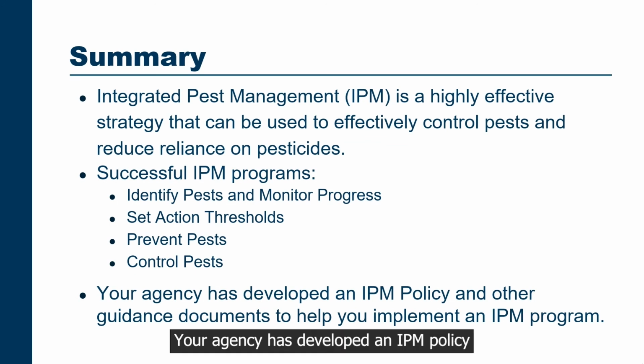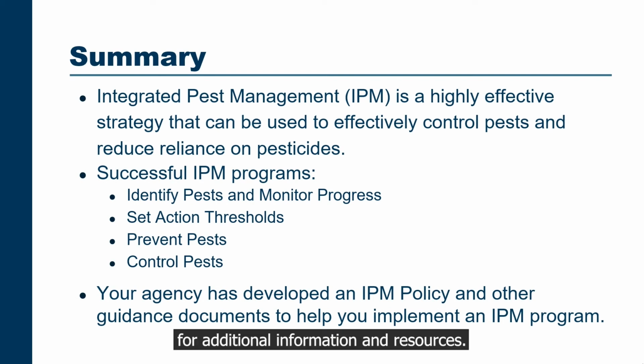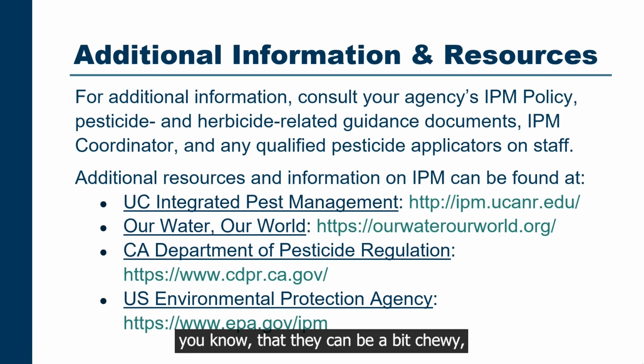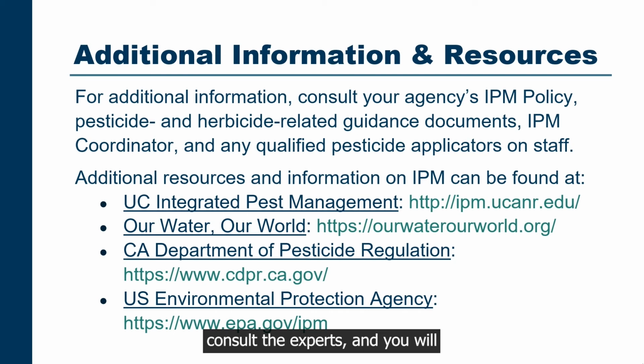Your agency has developed an IPM policy and other guidance documents to help you implement an IPM program. For additional information and resources, we have some excellent sites for you. Know that they can be a bit chewy, but we're here to help. Pick your pest, identify your pest, look at the information, consult your team, consult the experts, and you will see that IPM works.